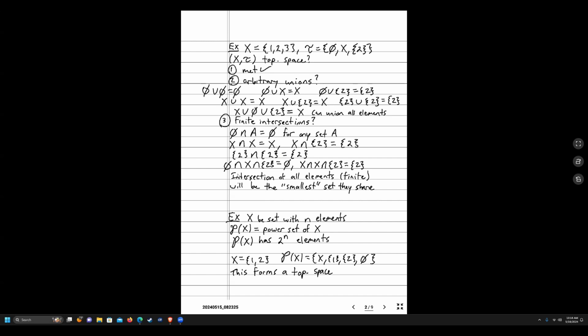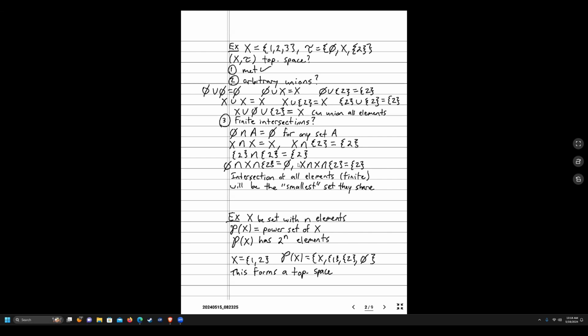And I could do the intersection of all 3. Anytime I intersect with the empty set, that's going to give me the empty set. I could also do an intersection of X with itself with {2}, and that's going to produce {2}.